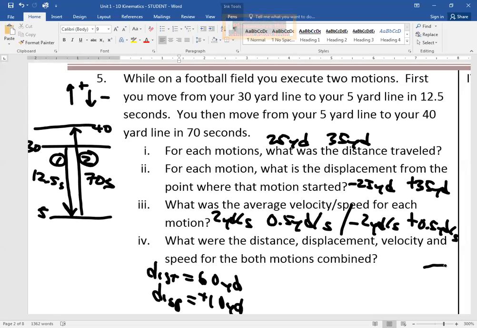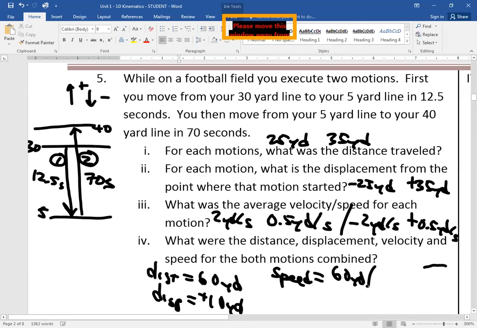So how do I get the average speed for the whole thing? Add the distances and add the times, yes. So the speed for the whole thing would be 60 yards over 82.5 seconds. And I mean, you could find a number if you want, I don't really care, but that is definitely smaller than 1.25.